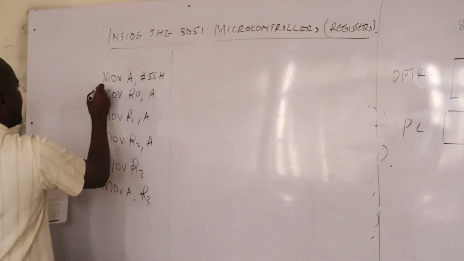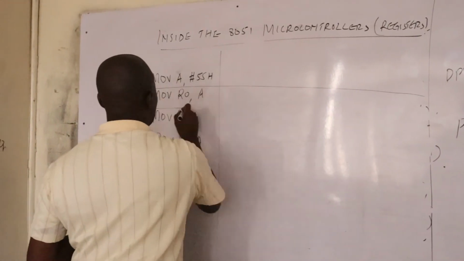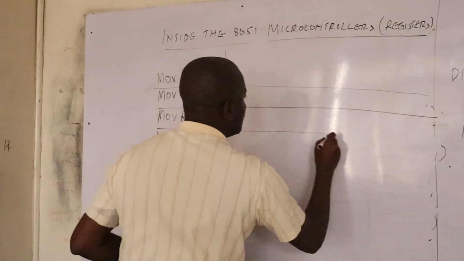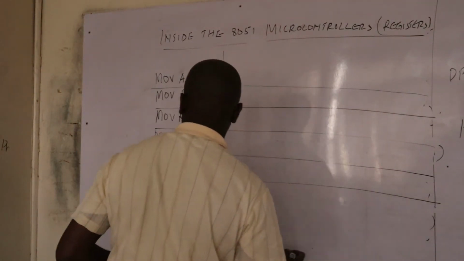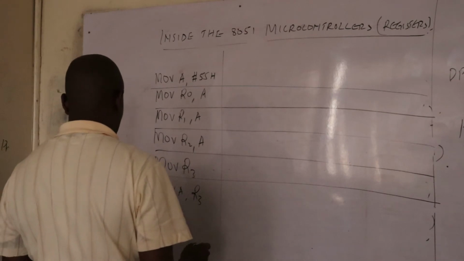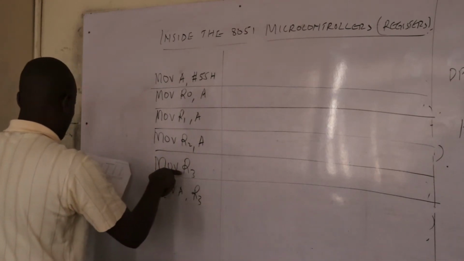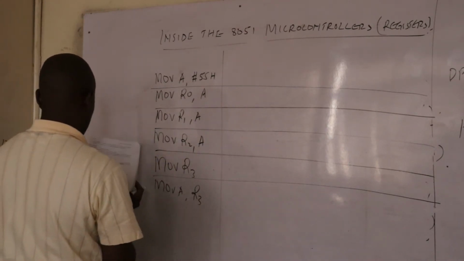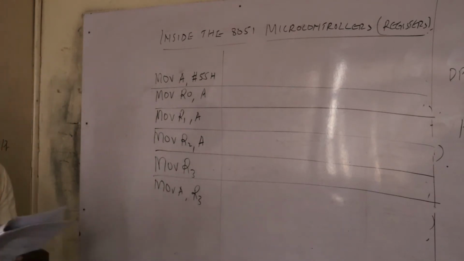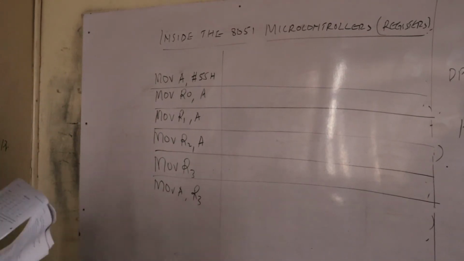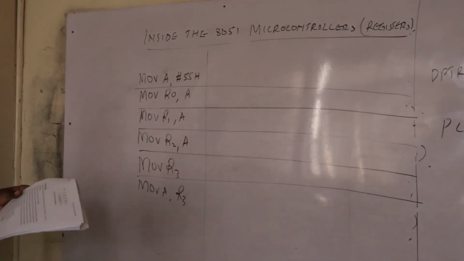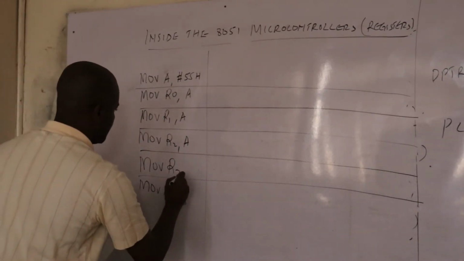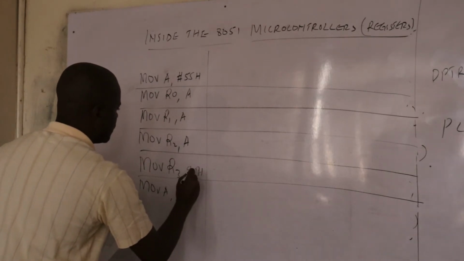The first thing that we need to do is look at the registers that are affected in each and every instruction, like move R3, comma 95H.